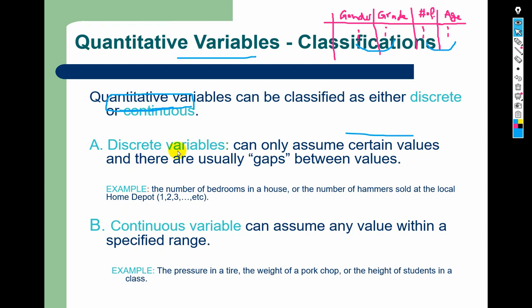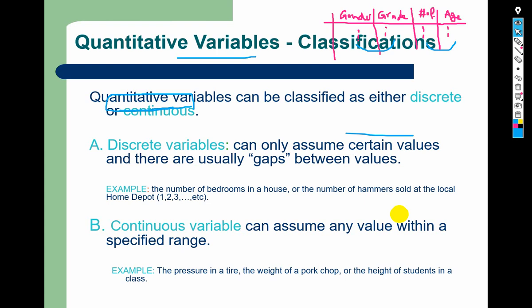So mostly a number of objects will be a discrete variable, and measurements will be a continuous variable. So now we have qualitative, non-numeric values, quantitative, numeric values, and for the quantitative we differentiate between discrete and continuous. Discrete, you have certain values for that variable, and for the continuous you don't have a specific value, you don't have certain values.